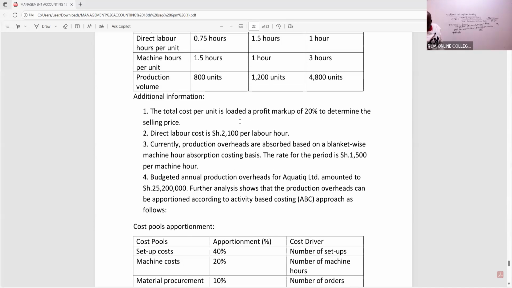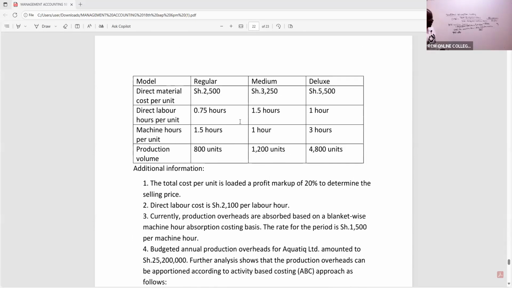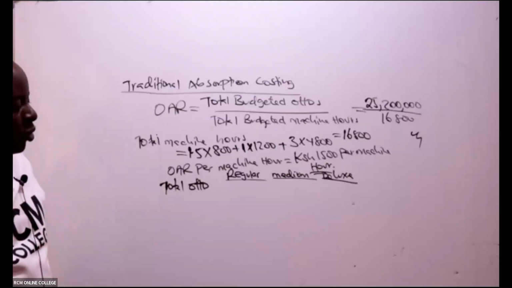Oh, yes. It's regular, medium, and deluxe. Okay, so then we shall be able to go right ahead with our total overheads.